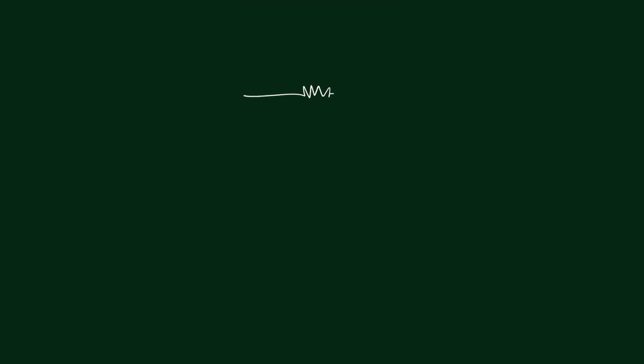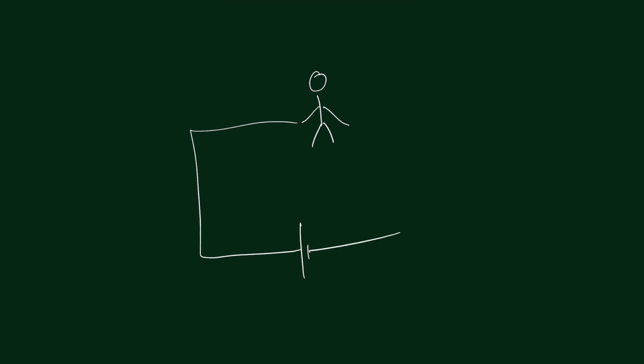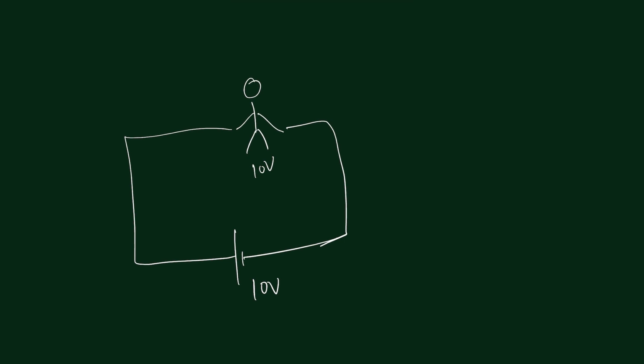In short, let's say this is you, and this is your long hand. Say this is 10 volt. Then how much voltage will you get? Obviously 10. If you want the grounding here, negative side and grounding, the whole part of the wire will be at 0 volt.